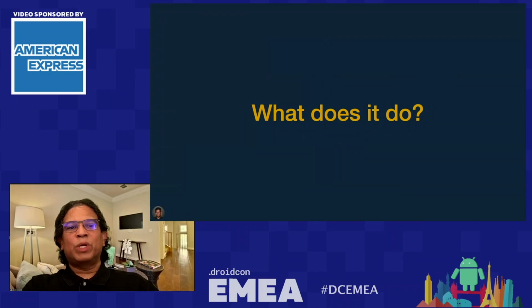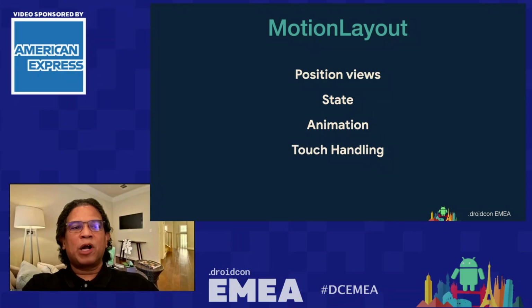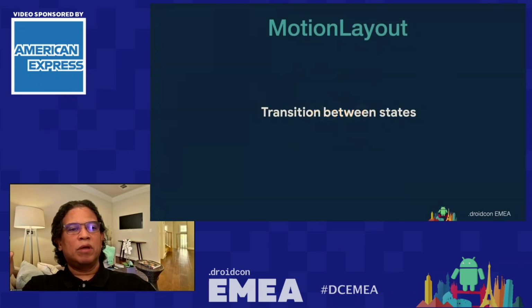So what does it actually do? It positions the views, it manages state, it controls some animation, and it does some comprehensive touch handling. Let's break down how it does that. We start off by saying it will transition between states.